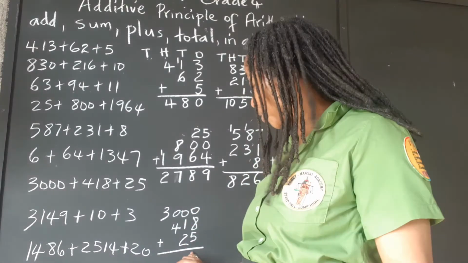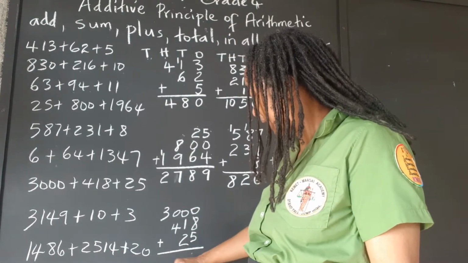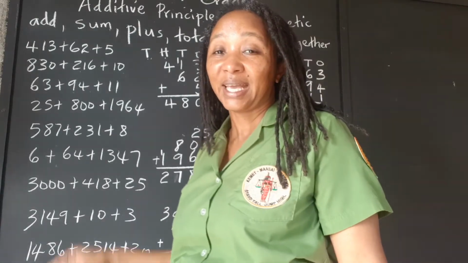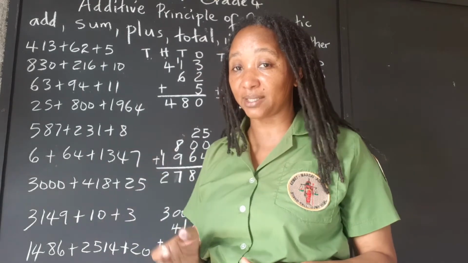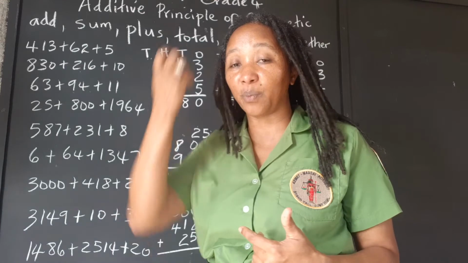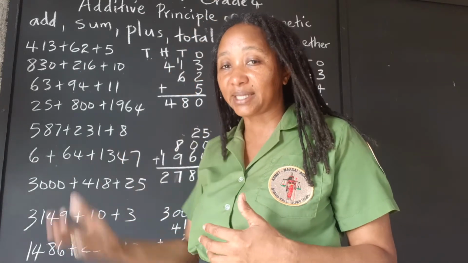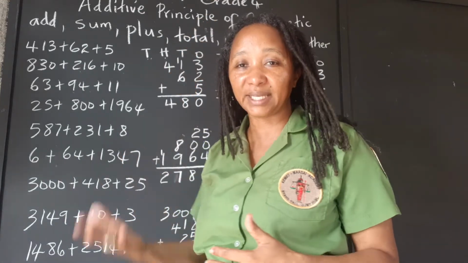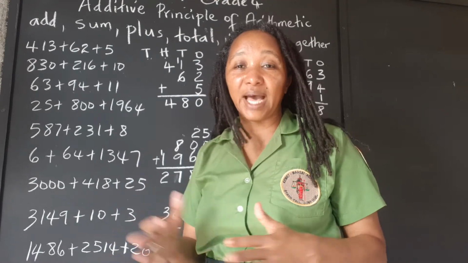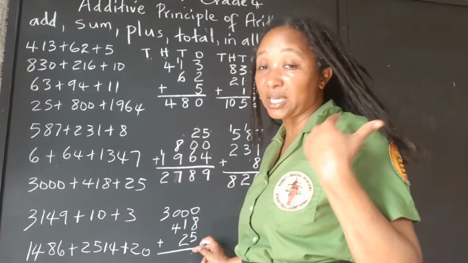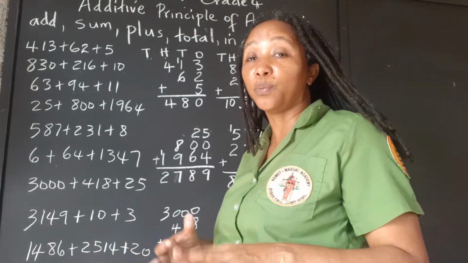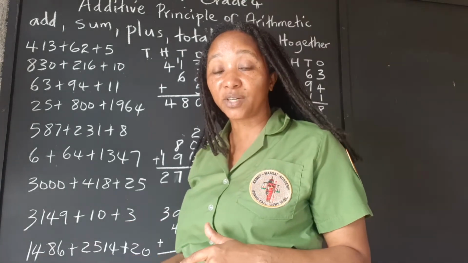Remember, we cannot put down 13 under the ones place because the highest digit that can go in any place in our system, remember we are using a base 10 system, the decimal system, 9 is the highest digit. So if we get 13, we have to see how many groups of 10 we can get out of the 13.